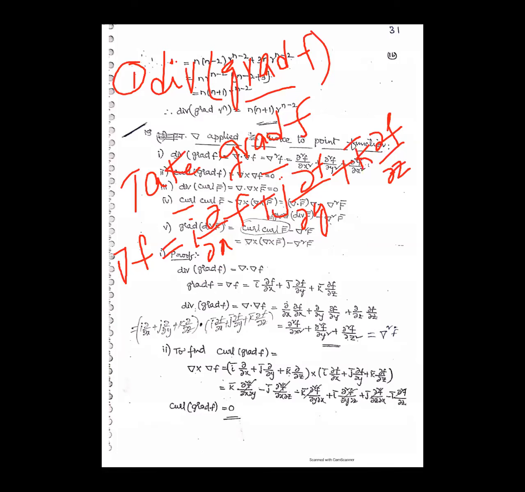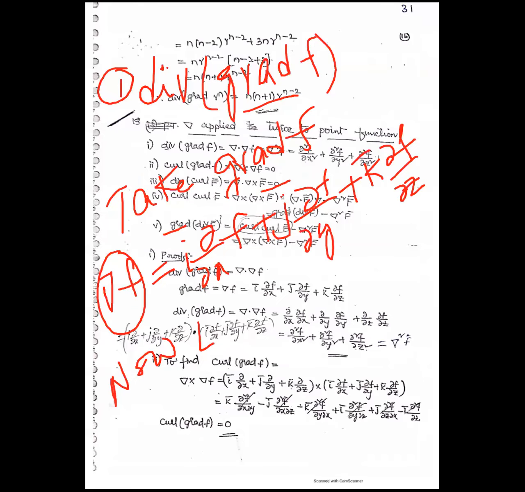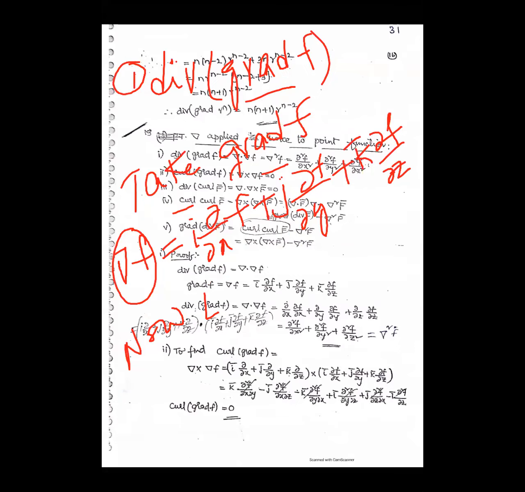Now I apply div to the grad f. Now I am taking the complete LHS value. LHS equals div of grad f.